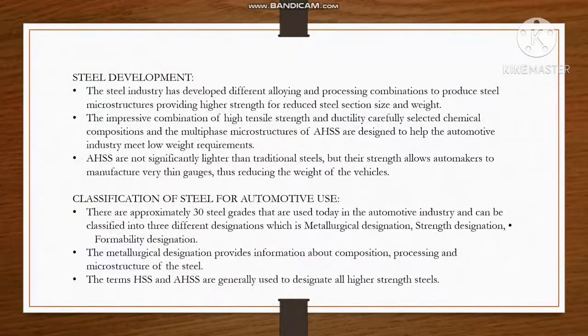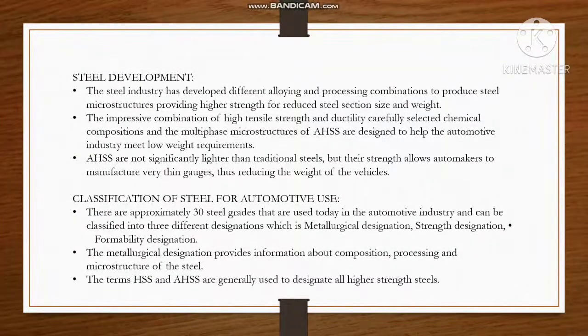What about the metallurgical designations? The metallurgical designations provide information about composition, process, and microstructure of the steel.